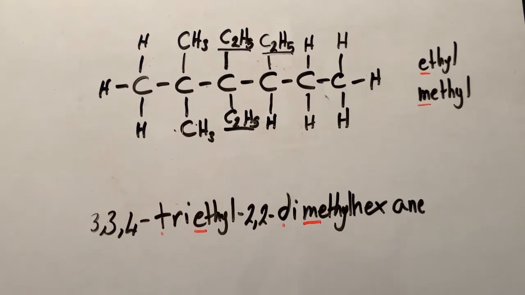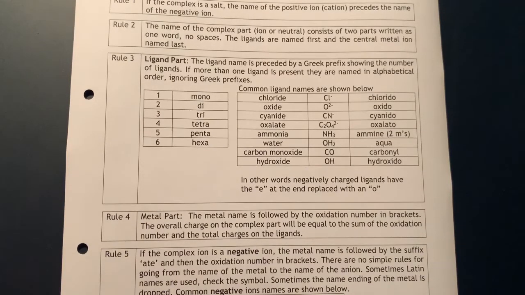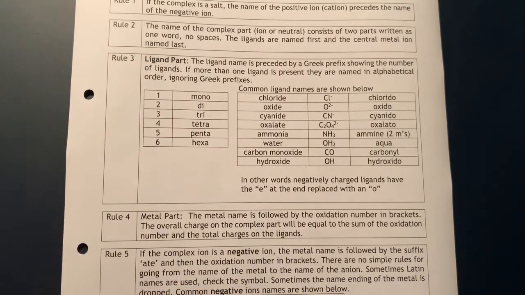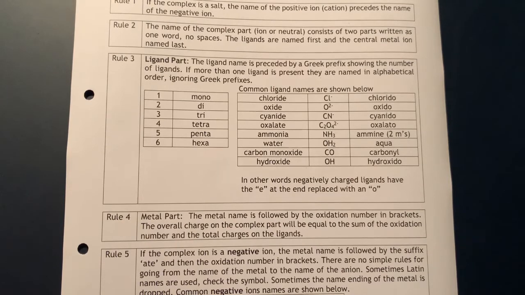So we've got 3,3,4-triethyl-2,2-dimethylhexane. So that's what we were saying here, that if more than one ligand is present, they're named in alphabetical order, ignoring the Greek prefixes like you have previously done for carbon compounds.